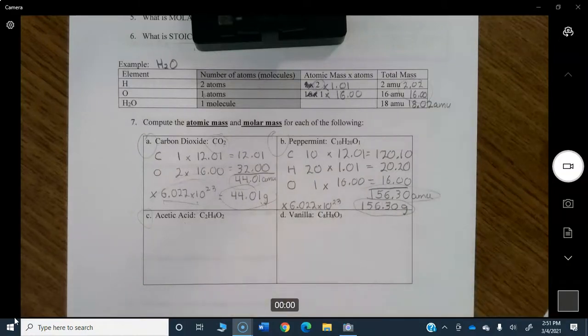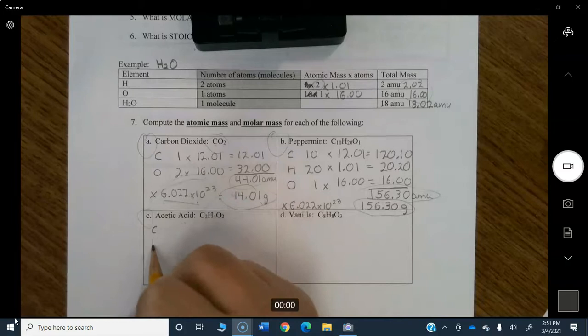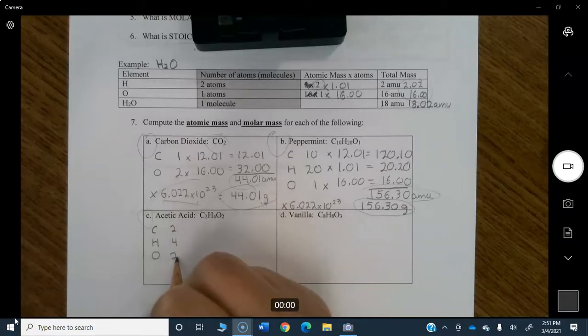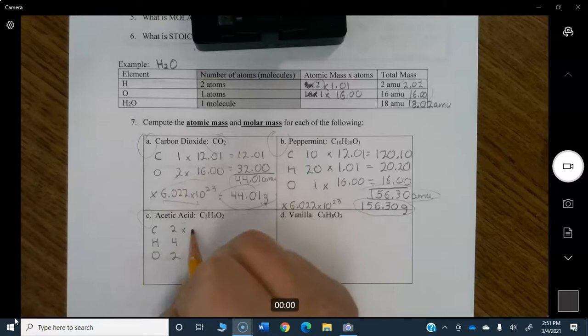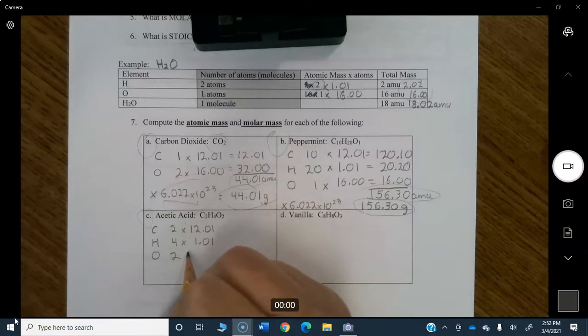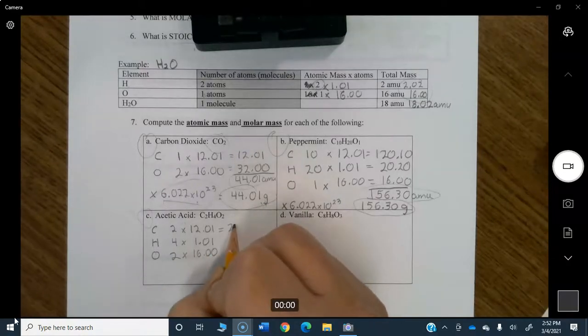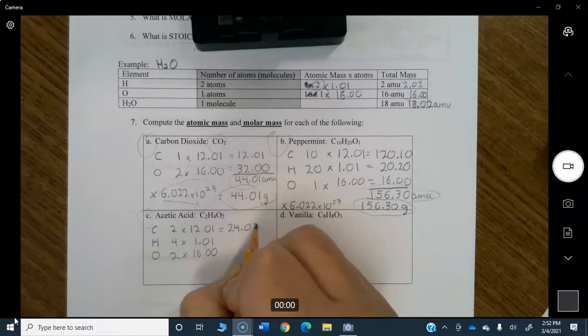Okay, let's do acetic acid. You have carbon, hydrogen, oxygen. So you have 2 carbon, 4 hydrogen, 2 oxygen. The carbon, we've done this a few times, is 12.01. Hydrogen is 1.01. And oxygen is 16. So this is going to be 24.02.